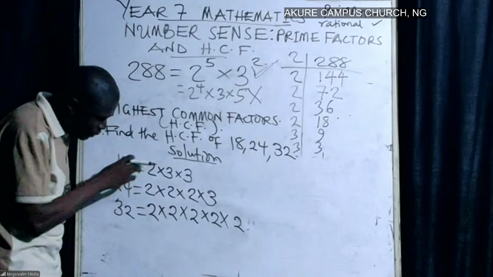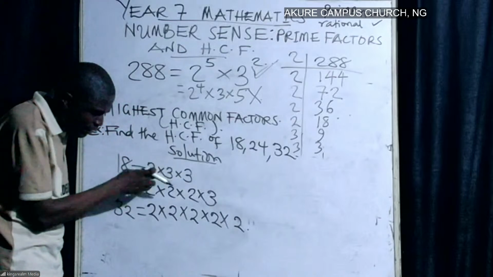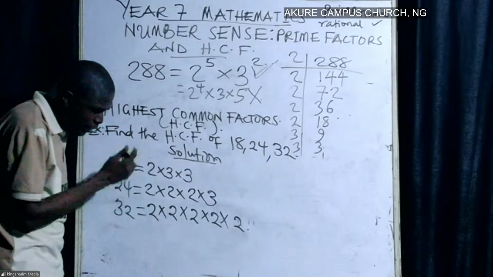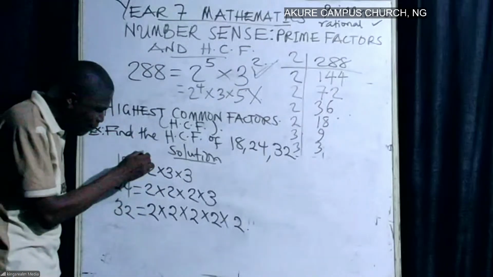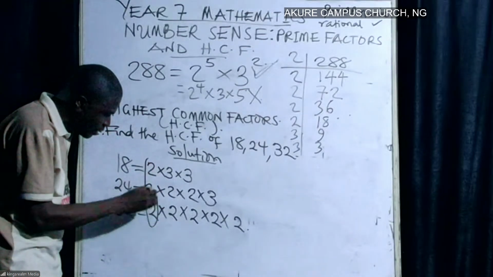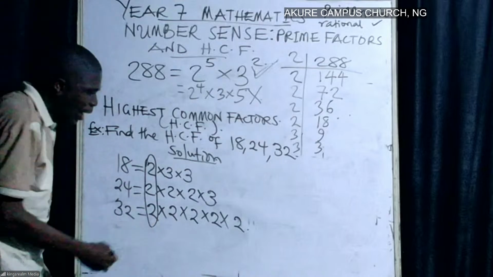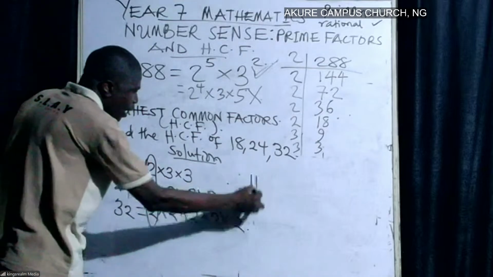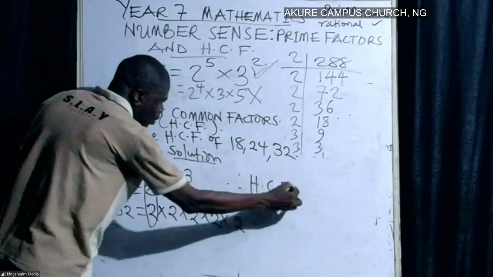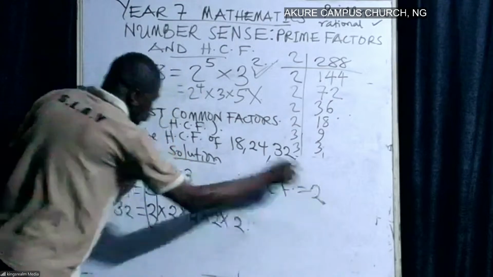Now to find the highest common factor, you just look at what is the prime factor that is common in all the three numbers. So the prime factor that is common in all the three numbers is this 2. So our HCF, that's the highest common factor, is 2.